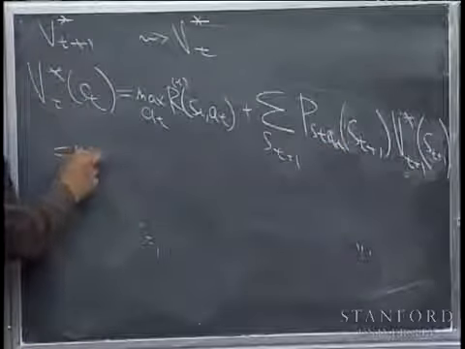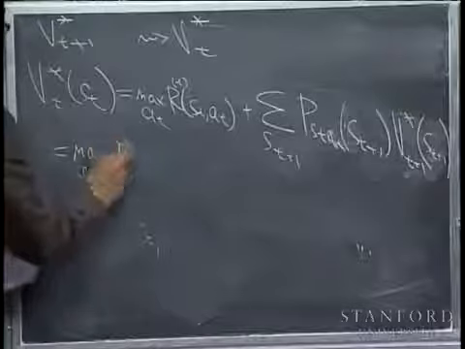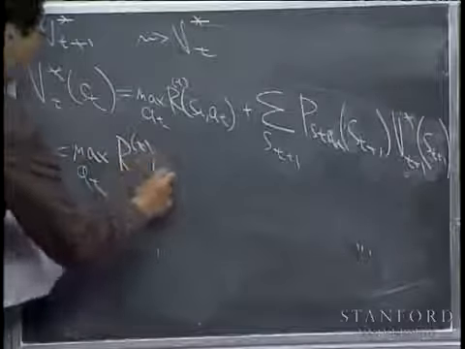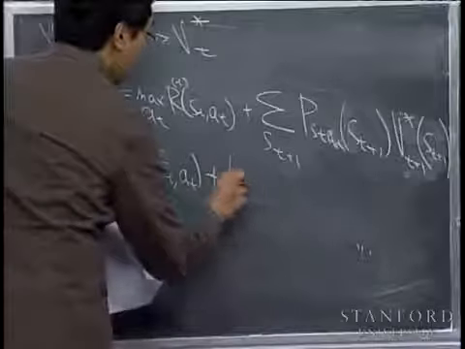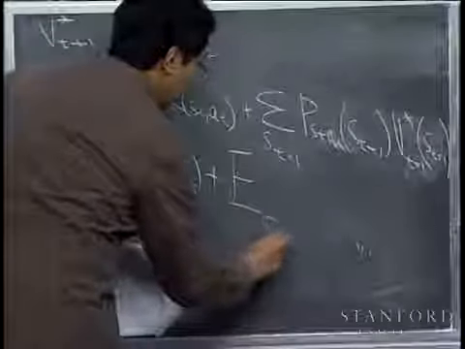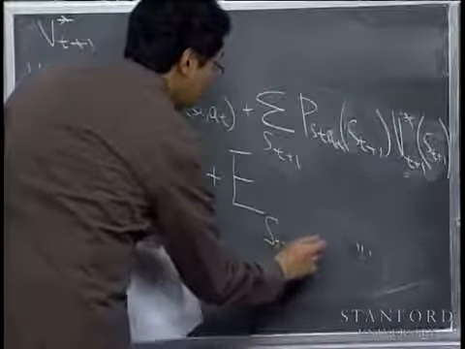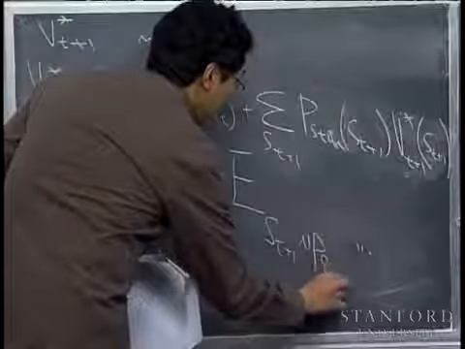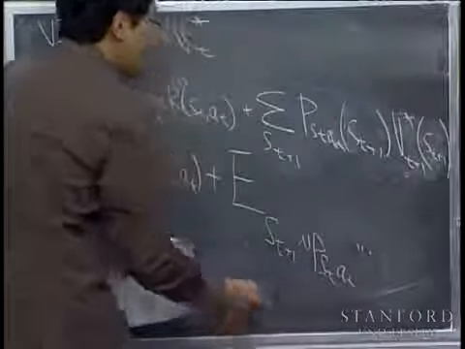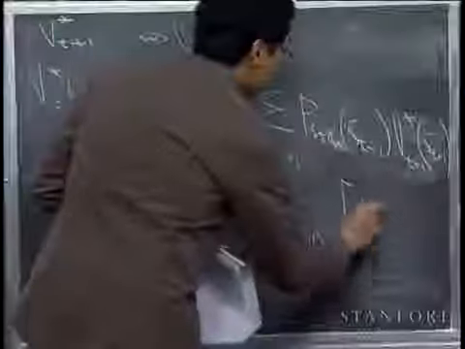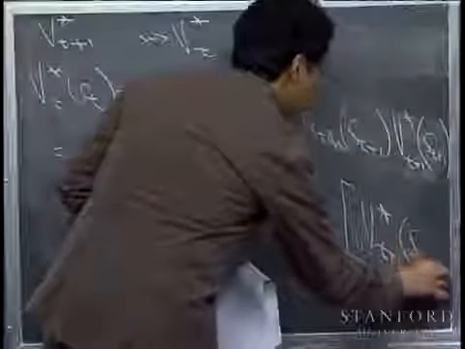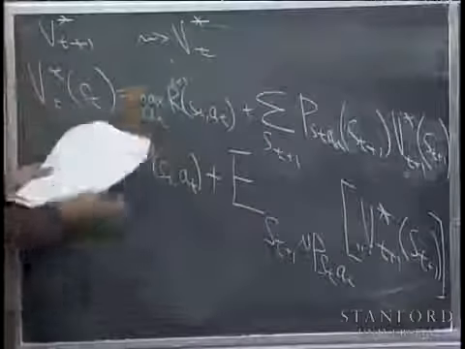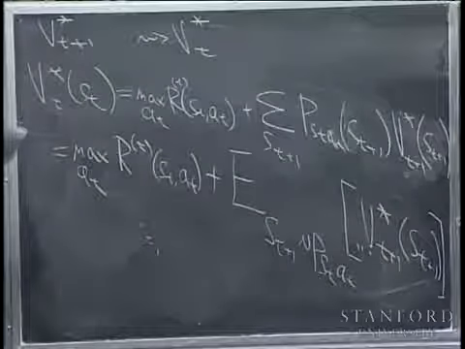So this is going to be the max over actions a_t of the reward, plus an expectation over the random next state s_{t+1}, drawn from state transition probabilities P of s_t, a_t, of V star t plus 1 of s_{t+1}. So this is the same equation written down as an expectation.